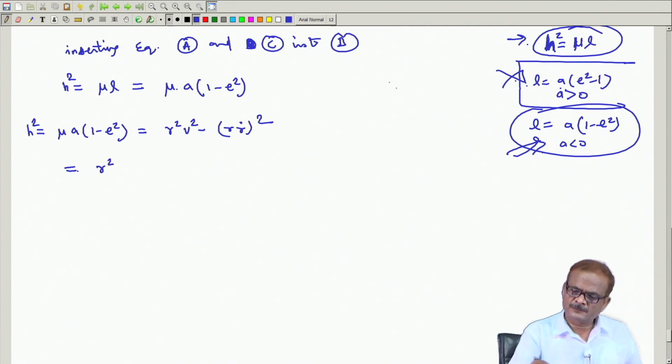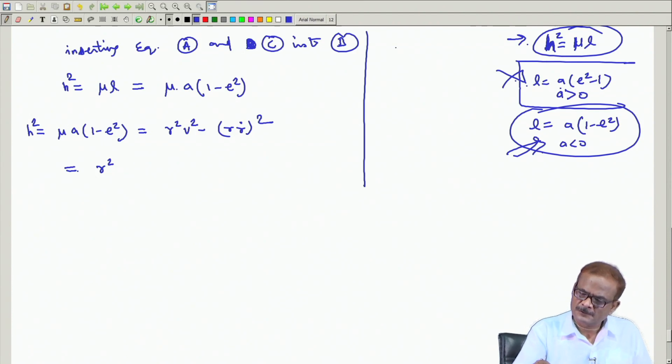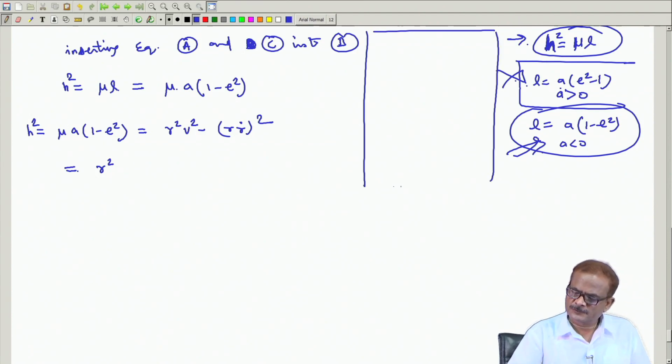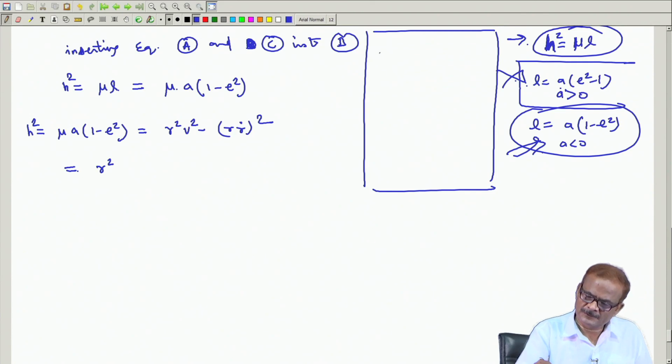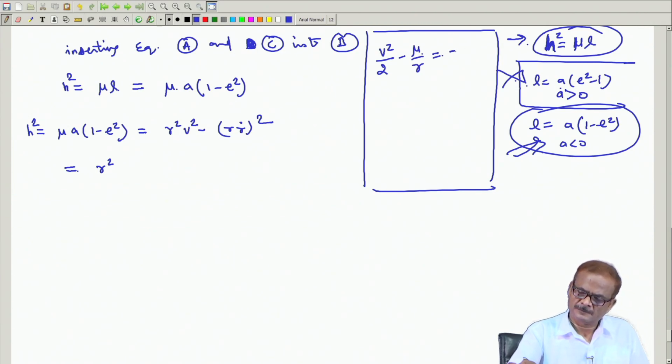Now, v square also, in the central force motion, we derived this equation for the energy.